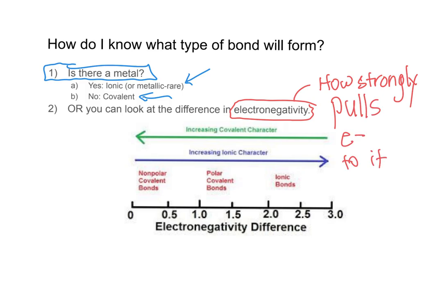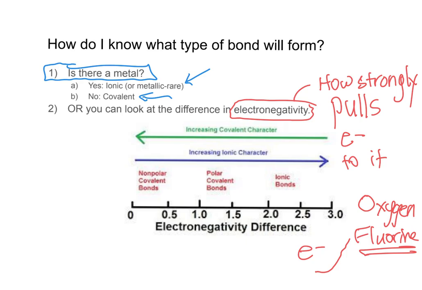So for example, oxygen and fluorine and chlorine are very strongly electronegative. So the electrons really want to be around those elements. So they have high electronegativity. Versus something like carbon, for example, which has pretty low electronegativity.